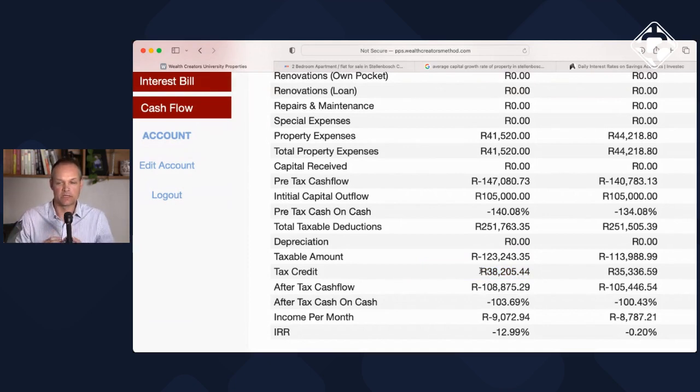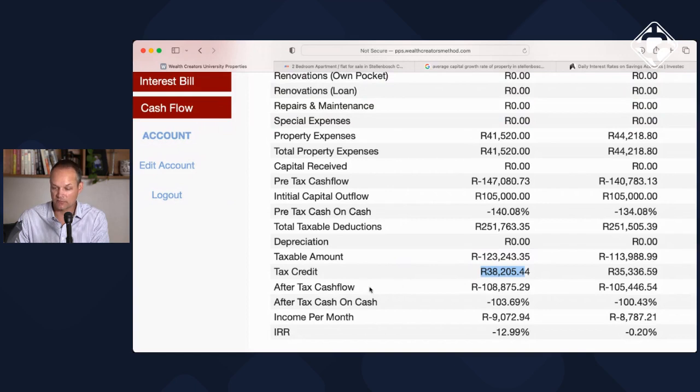How that works is, if you comply with all the requirements, I can offset this deduction of 123,000 against the other 500,000 that I earn in my day-to-day job. And that's going to yield a tax credit of 38,000.